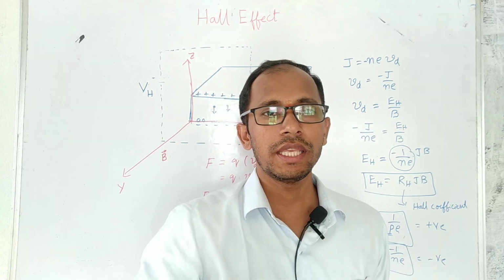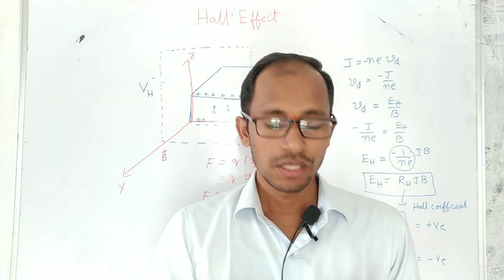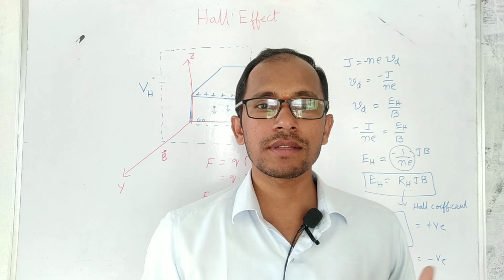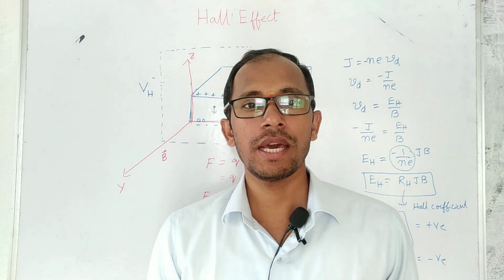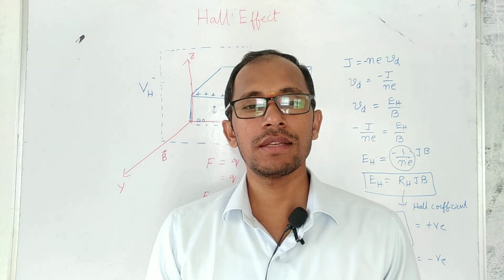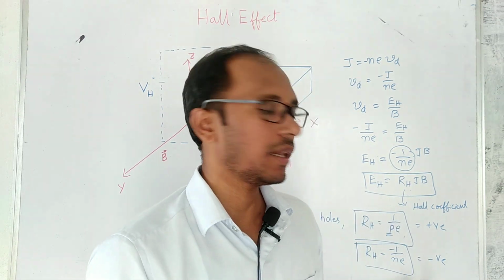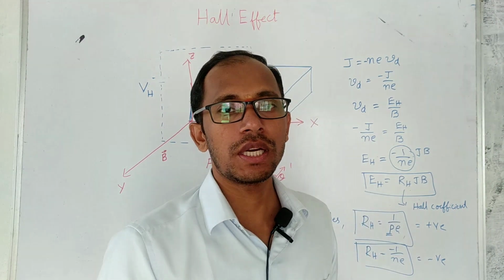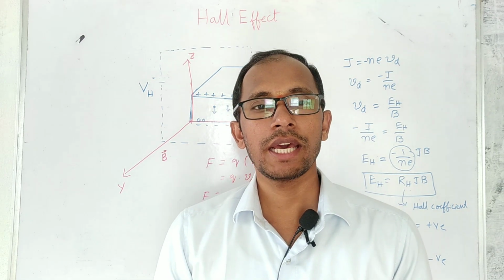For example, if you measure the Hall coefficient value experimentally, and it comes positive, then we can understand the majority charge carriers in that material are the holes. From this we can guess it is a p-type semiconductor. If the Hall coefficient RH is negative, then we can understand that it is an n-type semiconductor.